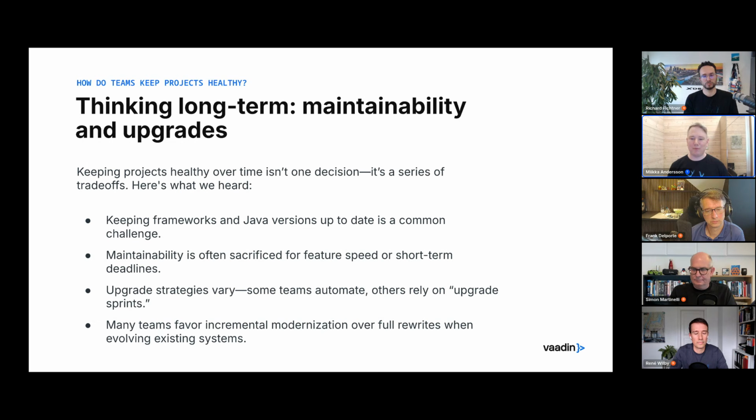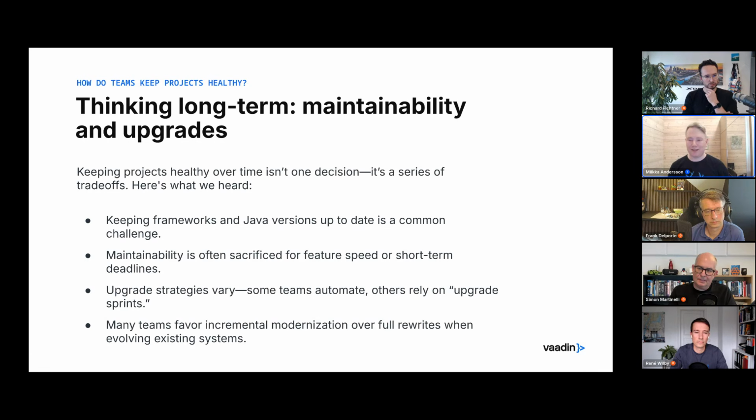Some always want to stay on the latest major or minor version. But some have dedicated sprints, where the entire team is focusing on taking the tool or product to the most recent version.